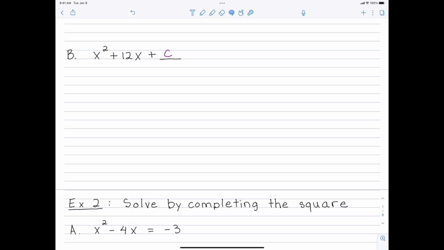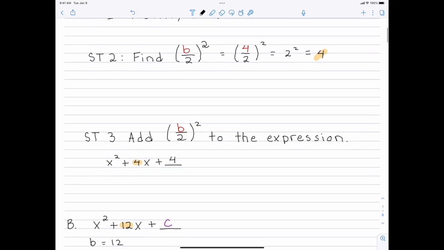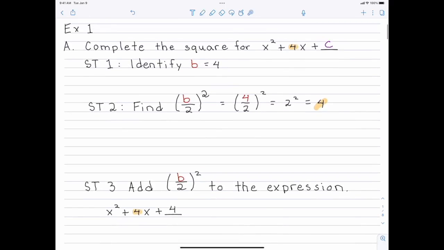So remember, step 1, we identify b. b is the number in front of x. So b equals 12. Next, we complete the square. So basically, we're identifying what c is, right? Just a quick reminder: when we did this, what we were really doing was finding c.